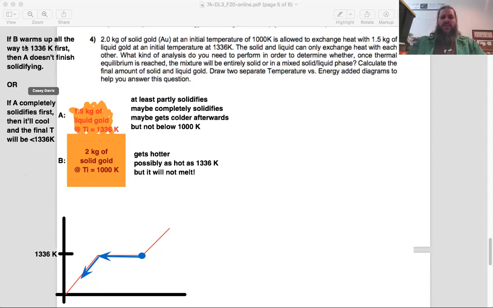So these are the two big what ifs we need to consider. Does B warm up all the way to 1336 first, or does A completely solidify first? So let's check both of those hypotheticals. What if B warms up to 1336 Kelvin? Or what if A completely solidifies?